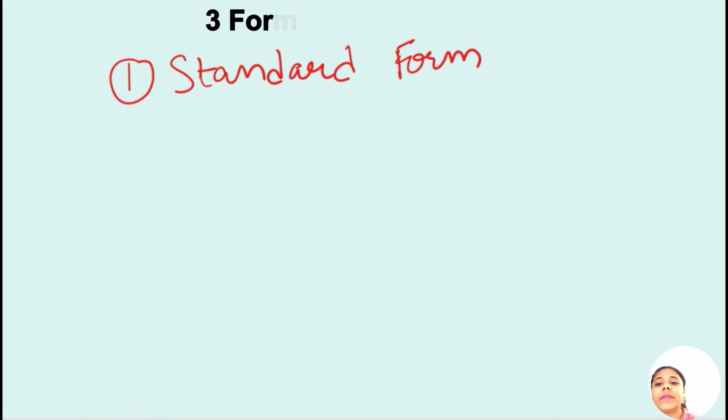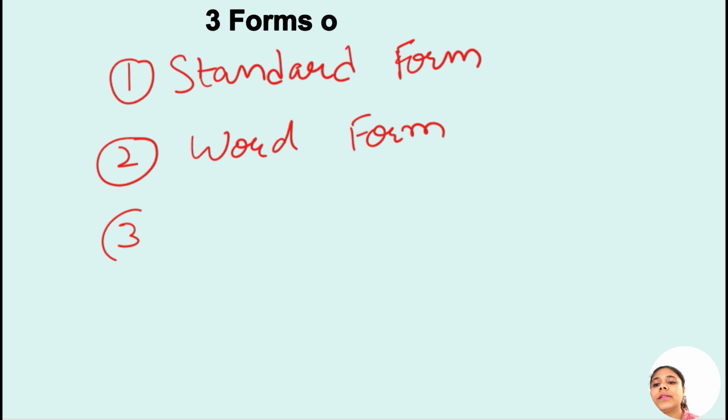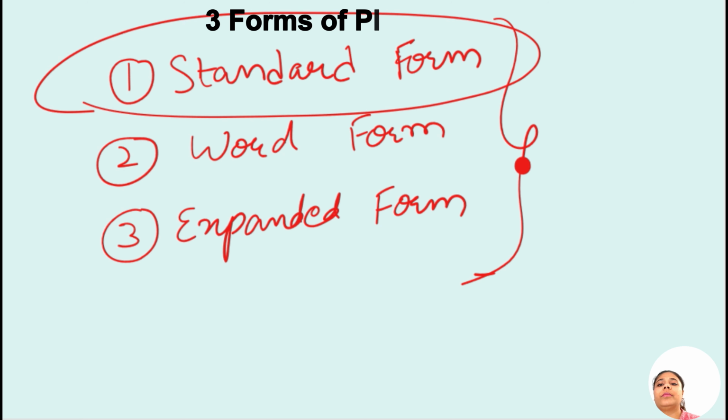There are 3 forms in place value. The first one is the standard form. Second one is the word form. And third is expanded form. First of all, the standard form. What does the word standard represent? The usual, original form, right? Which is generally used in mathematics. So what is the standard form?